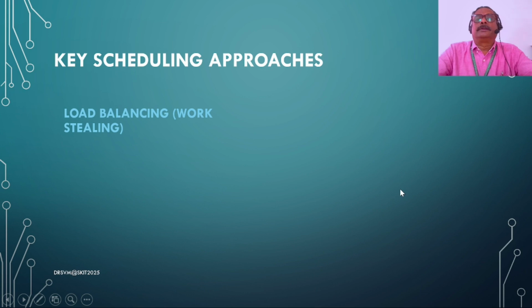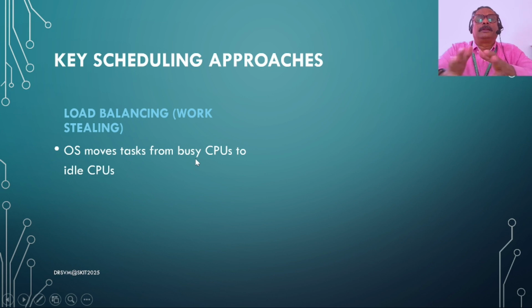Another type is load balancing. It's an extension of the previous one. Here, when we know that one particular CPU is overloaded and other CPUs are idle, not having any process to work on, this overloaded CPU can be relieved by shifting some of its work to another CPU, which we can call work stealing.